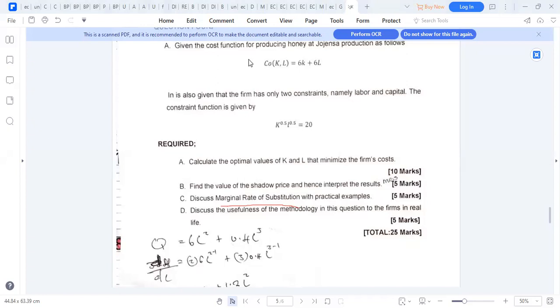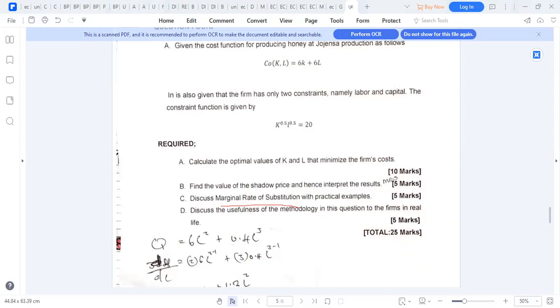So discuss the usefulness of the methodology in question to firms in real life. So discuss the usefulness of what methodology? Marginal rate of substitution to firms in real life. So how can you give an example of that to any firm that you know?